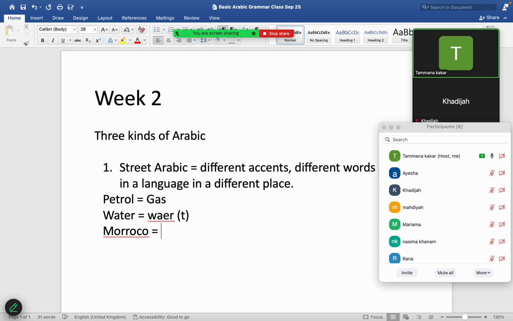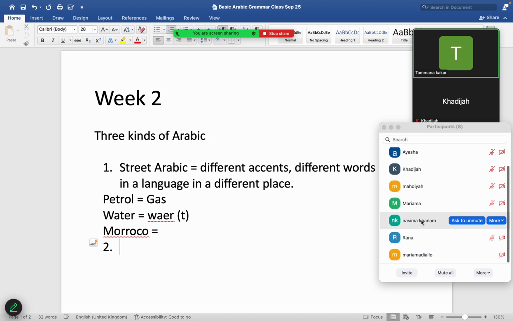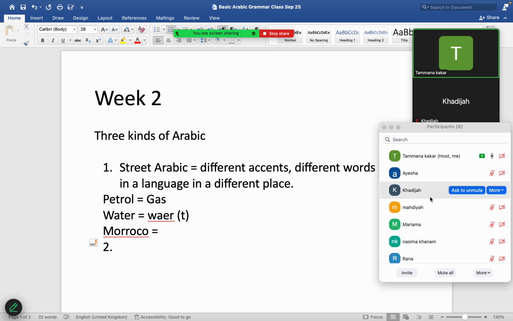Because the Arabic we are learning is not street Arabic. What could be the reason that we are not learning street Arabic, or the grammar is not about street Arabic? Khadija. Assalamu alaikum. Walaikum salam. It's mostly to understand the grammar, especially when you're reading Quran, isn't it?